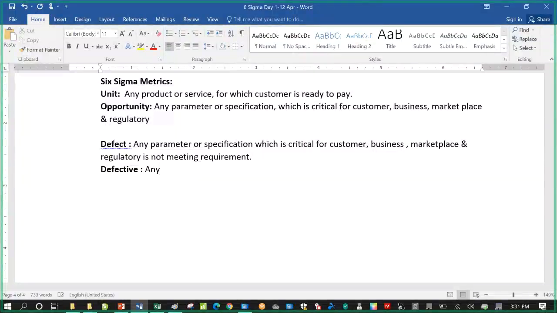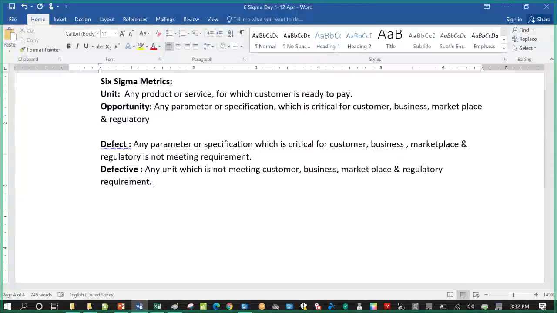So here, any unit which is not meeting customer, business, marketplace, and regulatory requirements.